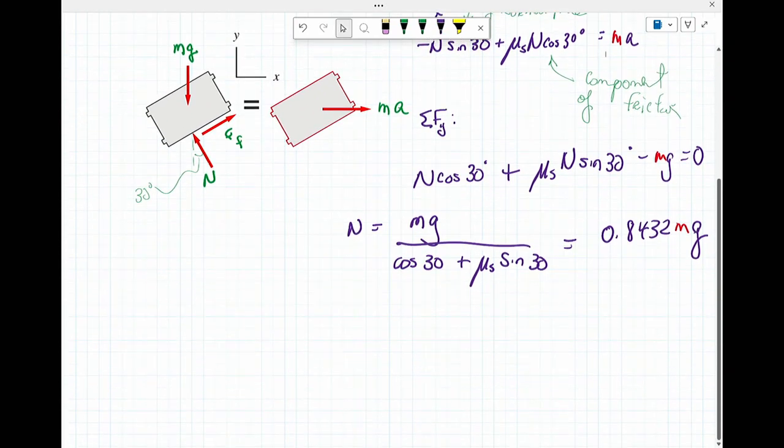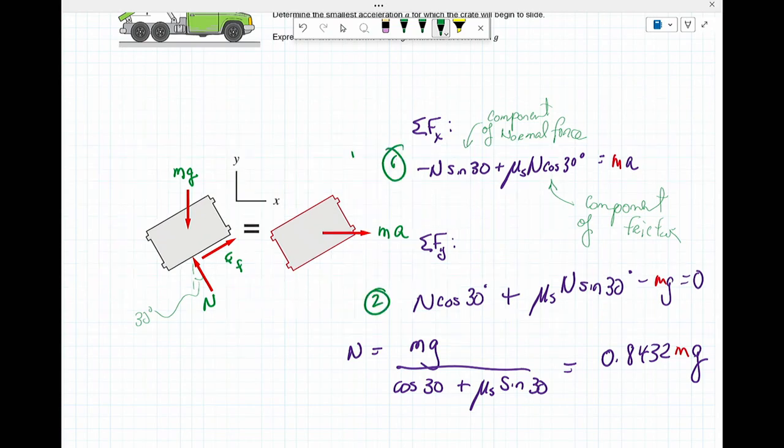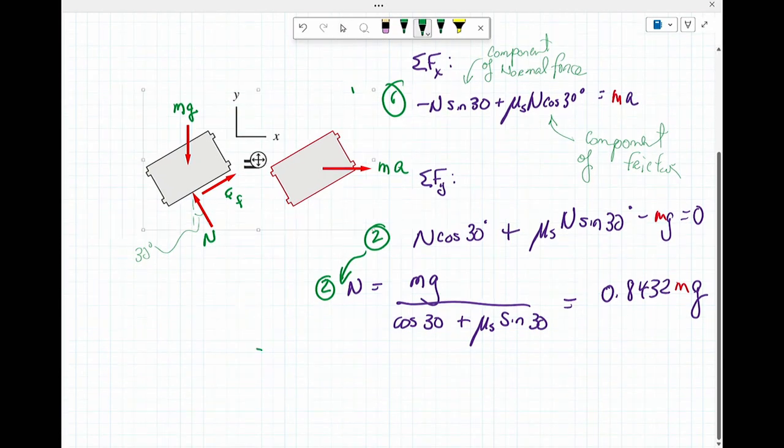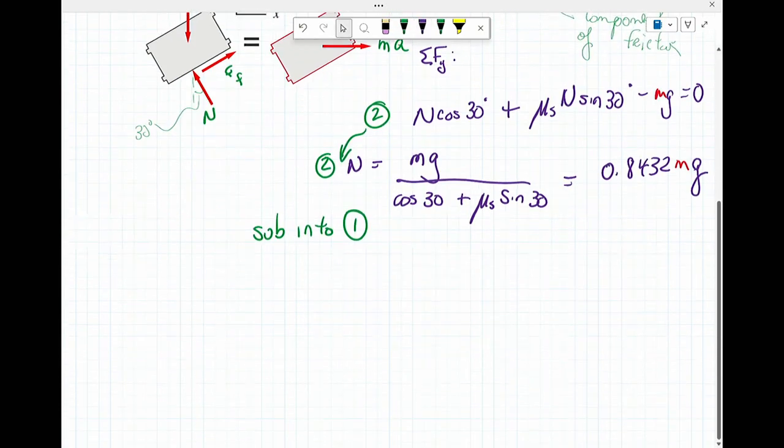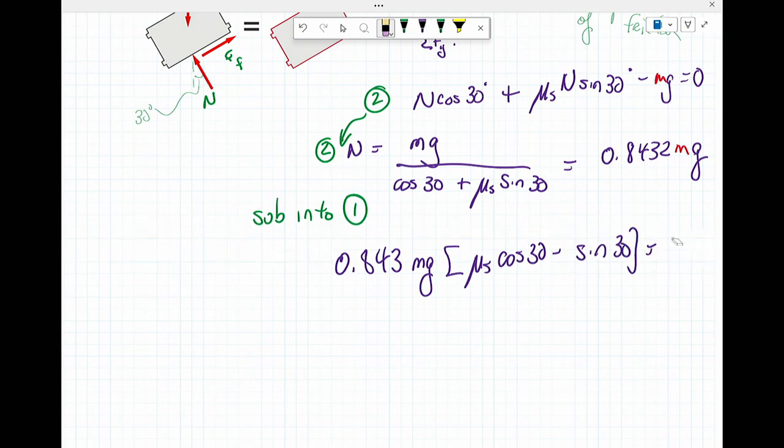If I substitute back in, I can write this using my result from equation 2, substitute that into equation 1, and I can see right away that it doesn't matter what the mass of my object is.